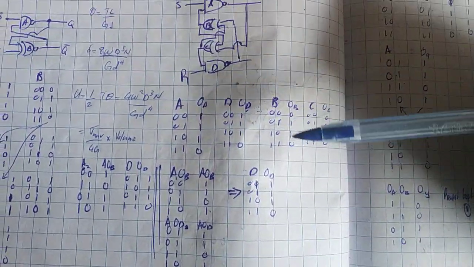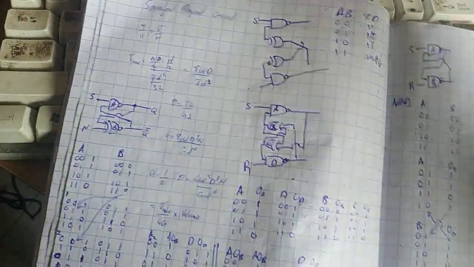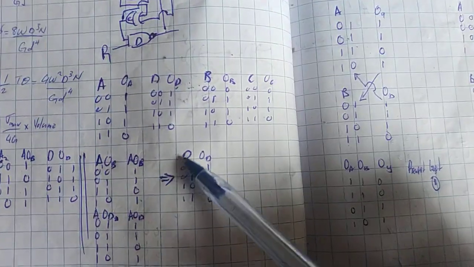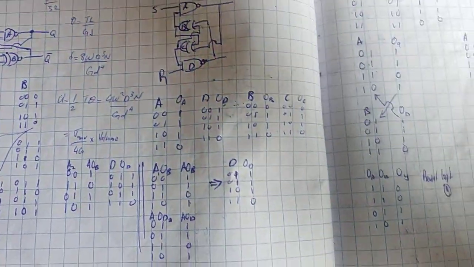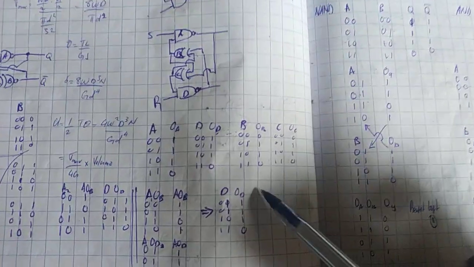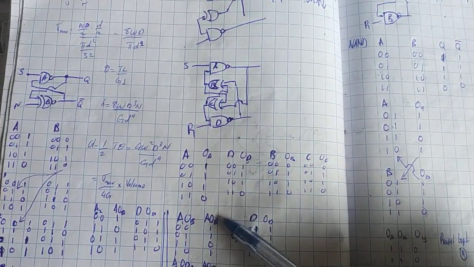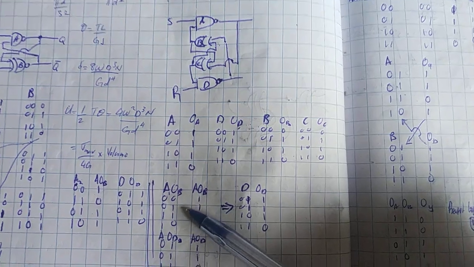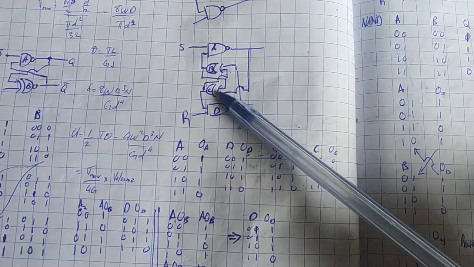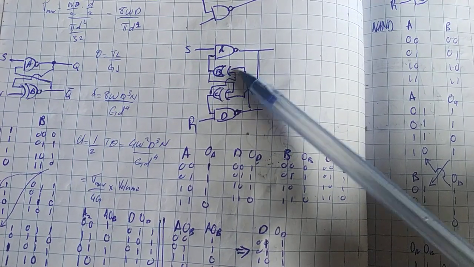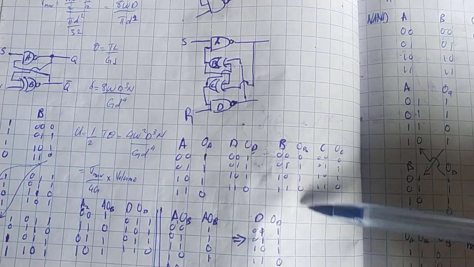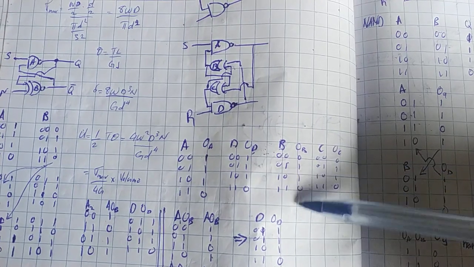From there, you're coming back to A. So A is having this input, and the second input is from this B. The output of B is 0 1 1 0.